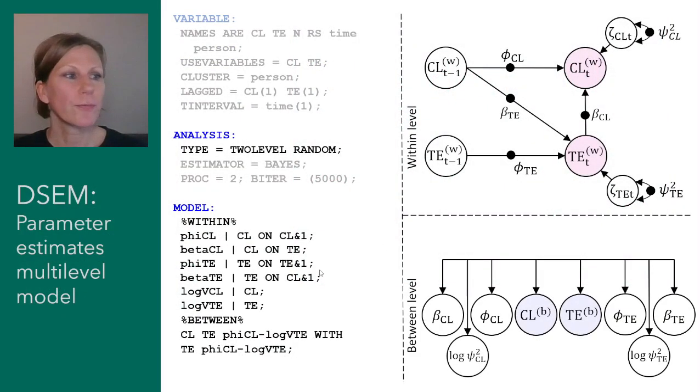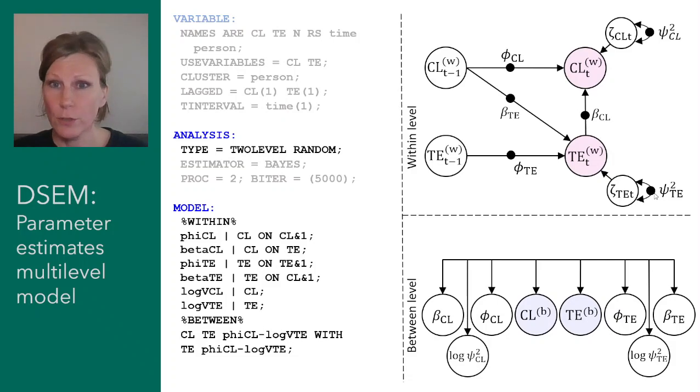So where we left off in the previous part is with this model, in which we have a dynamic model at the within level, and all the parameters there are allowed to be random. So they are allowed to take on different values for different individuals. And this is indicated with the filled circles here for the regression coefficients and also for the residual variances.